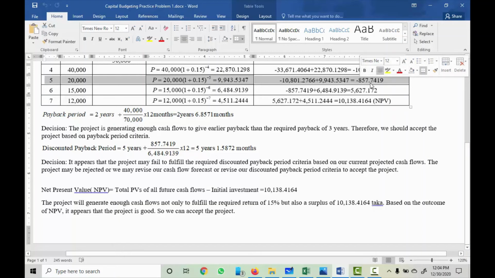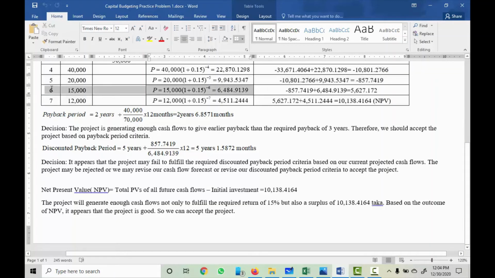So after the fifth year we are still in need of 857 taka discounted value or present value to get the discounted payback. Now in the sixth year, over the 12 months period, if we get the cash flows consistently over the 12 months, this is the discounted value that we get over the 12 months period in the sixth year. We don't need this much amount of discounted value.